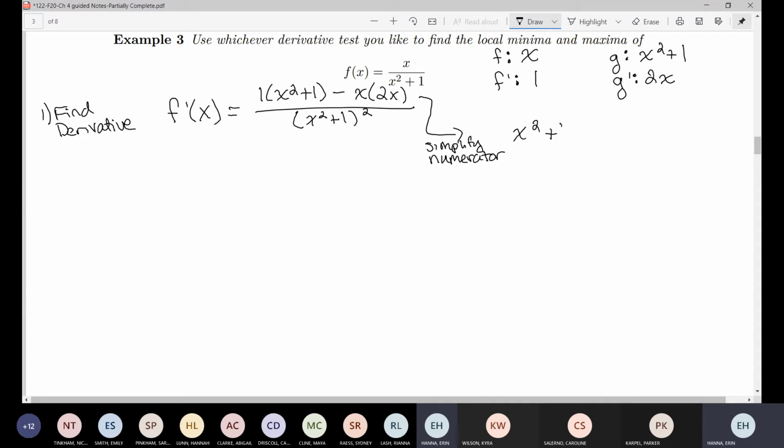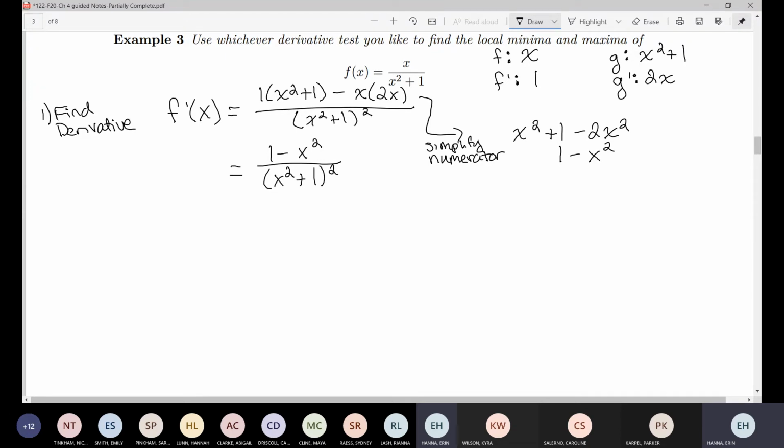I essentially have x squared plus 1 minus 2x squared, if I multiply that x and that 2x. So I'll end up with 1 minus x squared. So my derivative will be 1 minus x squared all over x squared plus 1 all squared. That is simplified enough that it'll help us out.